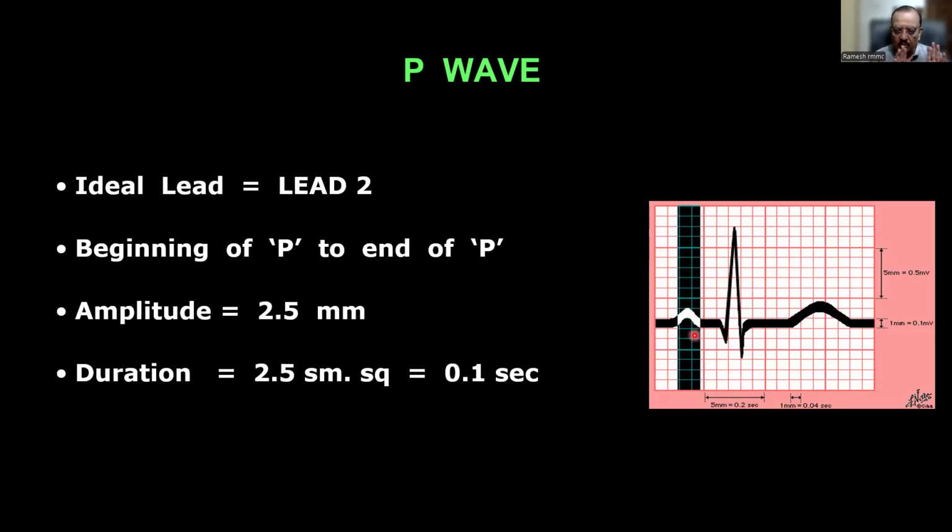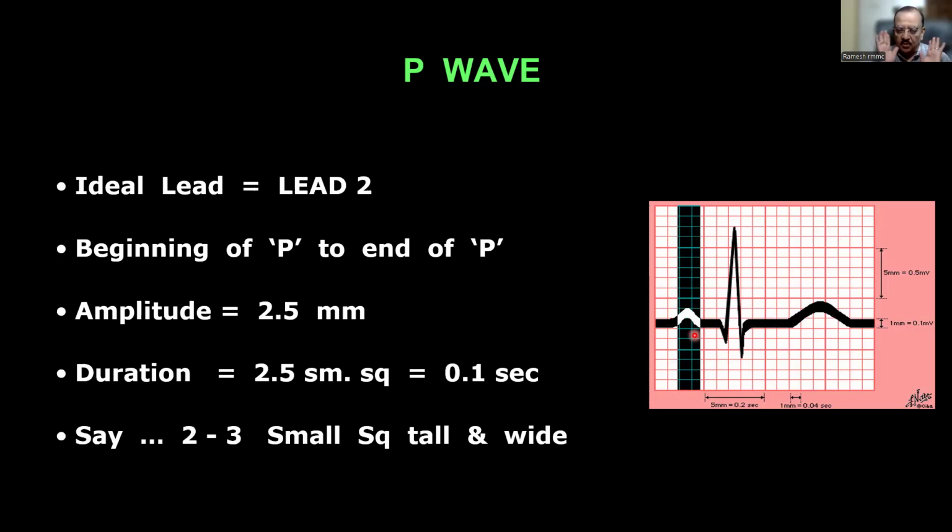But the small square itself is too small, and we have to strain our eyes to identify half of it, so approximately you take it as 2 to 3 small squares. The normal amplitude of the P wave is 2 to 3 small squares. The normal duration of the P wave is 2 to 3 small squares. Just remember this value. If you remember it, you will diagnose all atrial abnormalities.